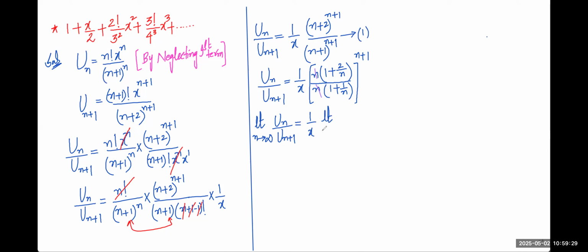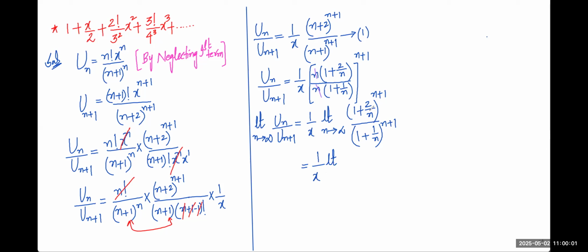Limit n tends to infinity of 1 plus 2 by n raised to the power of n plus 1, and the denominator 1 plus 1 by n raised to the power of n. Now look, this is also equal to 1 by x, limit n tends to infinity.